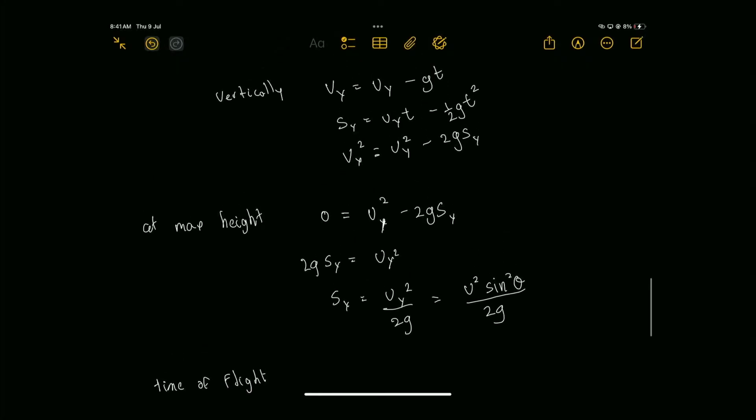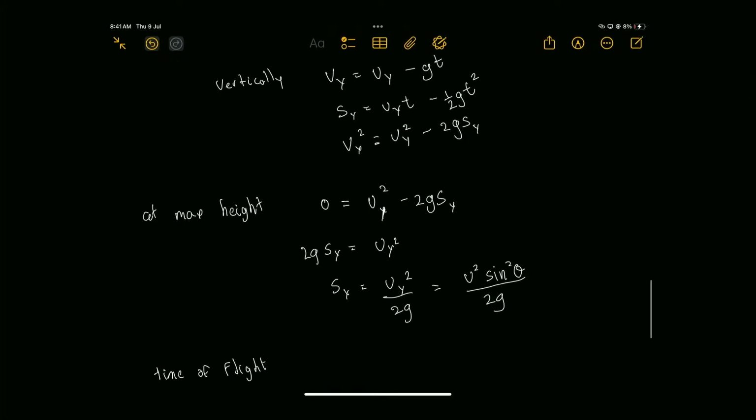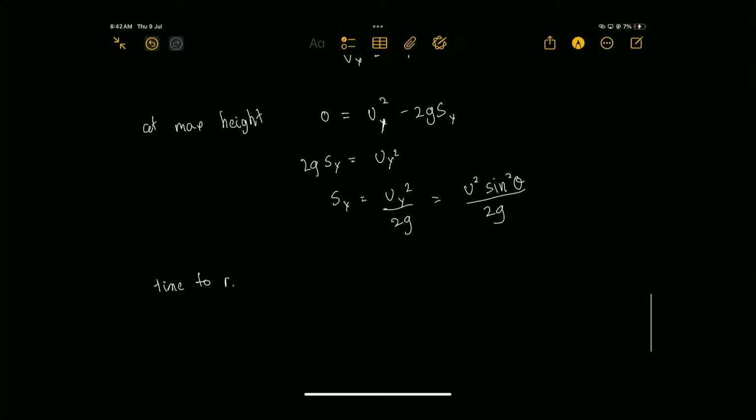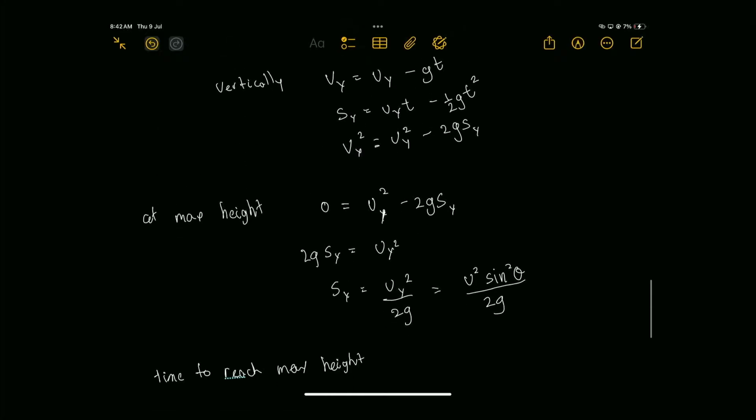So the time taken to reach the maximum height, we can find using the first equation, right? So before I write the time of flight, let me write time to reach maximum height. In the first equation, we would have Vy is equal to Uy minus gt.